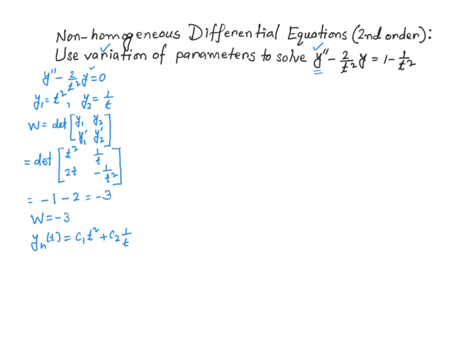Now we have all the things that we need to find the particular solution using the variation of parameters. I'll just use the formula. Some people write y hat, but I write y sub p, the particular solution, which is equal to negative y1 times the integral of y2 times g of t, all divided by a of t times the Wronskian, integrated with respect to t, plus y2 times the integral of y1 times g of t divided by a of t times the Wronskian, integrated with respect to t.